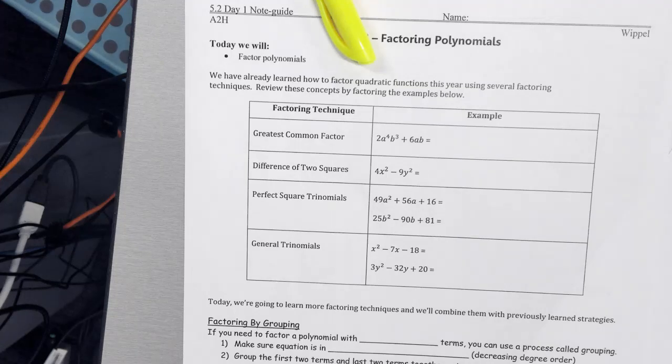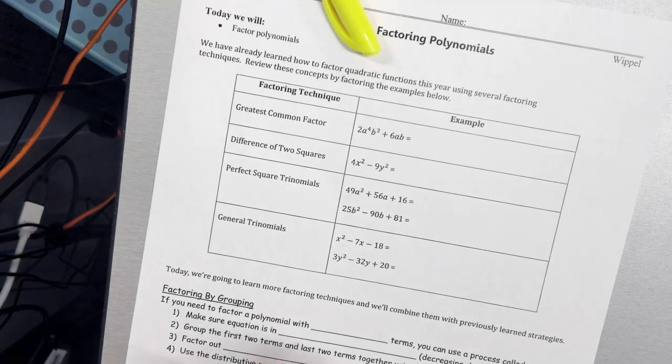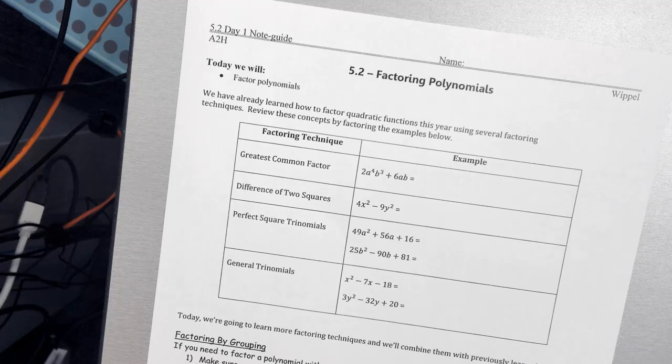All right, so today we're going to review the factoring of polynomials, and then we're going to expand that to some more patterns. Okay, so when you are factoring, we have to remember how to take out the GCF.